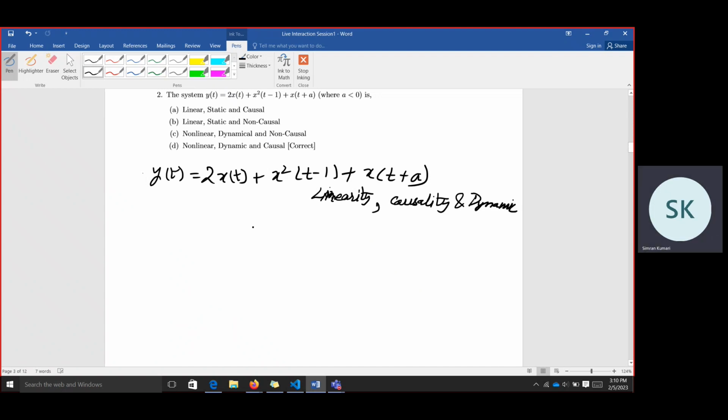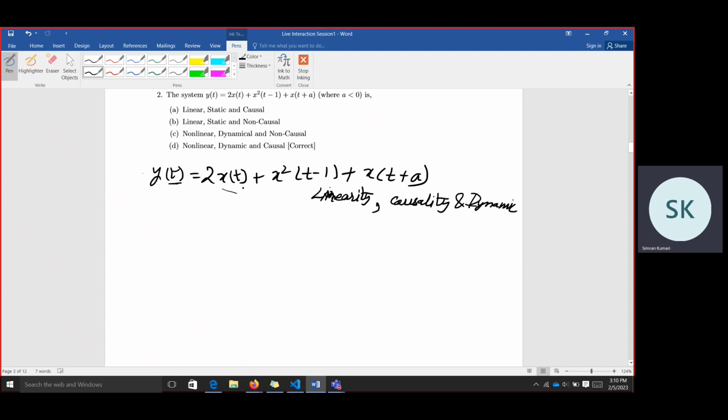Now regarding the dynamic system, we know that a system is static if its output depends on the present input. So if the output is at time t and the input is also at time t, then this would be a static system.